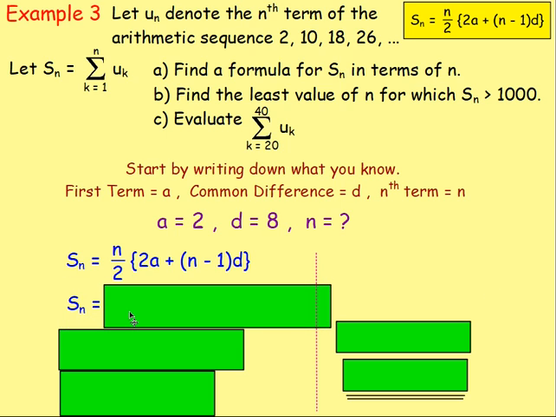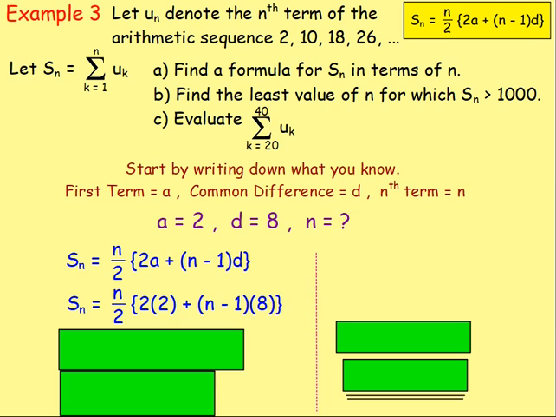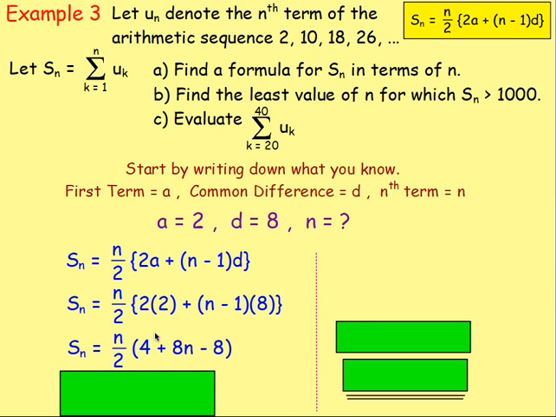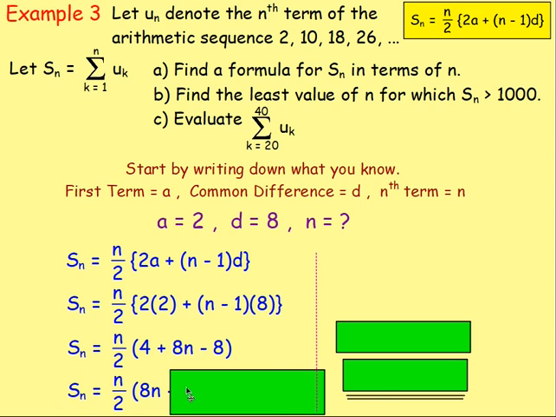So we can say that Sn equals, leave n just as it is, but replace a with 2 and d with 8. So we would have n over 2 times 2 plus n minus 1 times 8. If you simplify that, leave n over 2 just as it is, and we'd have 4 plus 8n take away 8, meaning we'd have n over 2 times 8n take away 4.